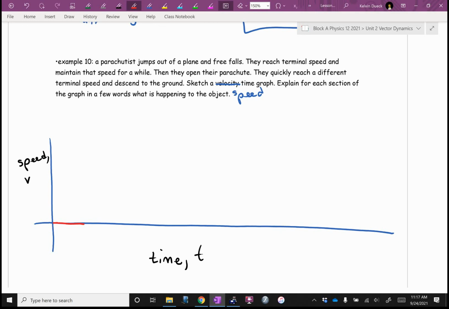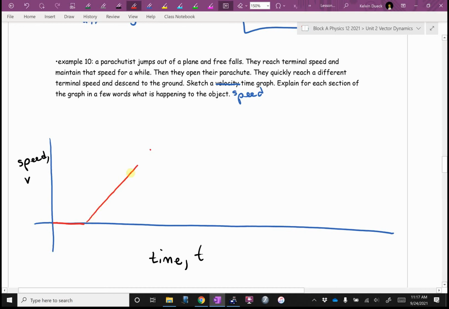Then I jump. What happens to my speed when I jump? Bigger, smaller, or stays the same? Bigger. So let's say there's my new speed. Here's my question. How would I connect this? Don't write this down.